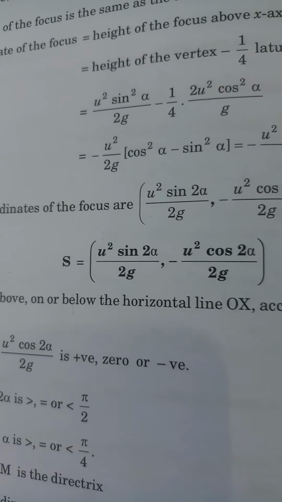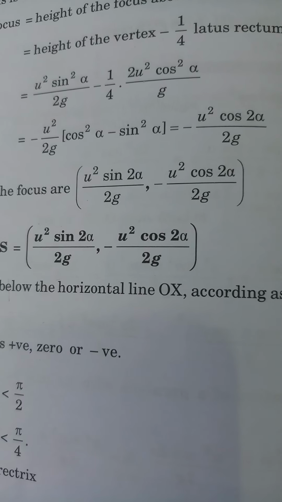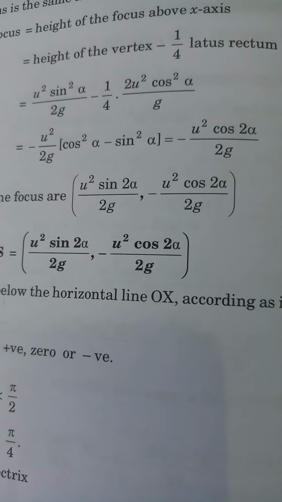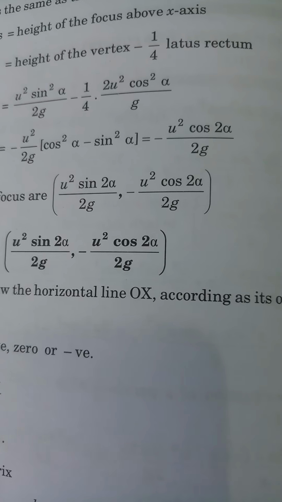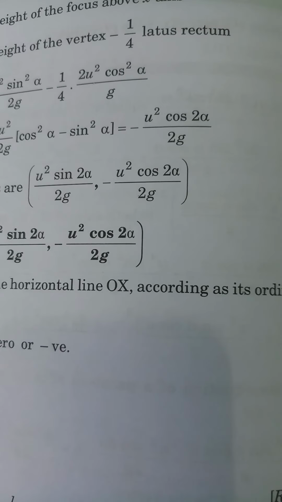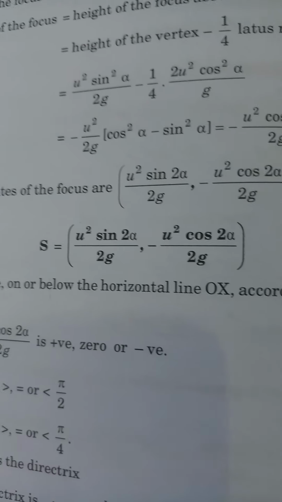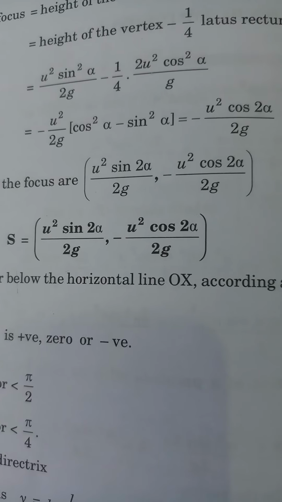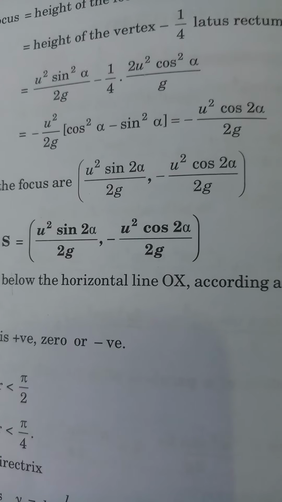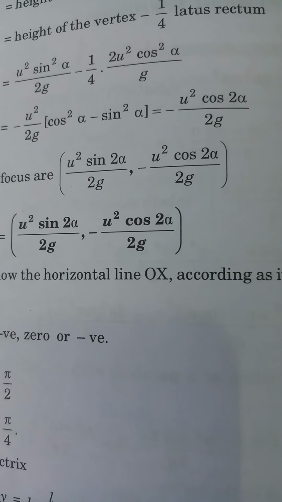Thus the coordinates of the focus are u square sin 2 alpha by 2g and minus u square cos 2 alpha by 2g, that is, S is equal to (u square sin 2 alpha by 2g, minus u square cos 2 alpha by 2g).